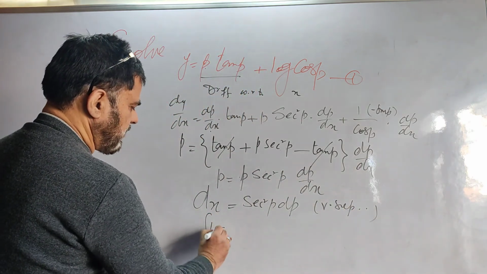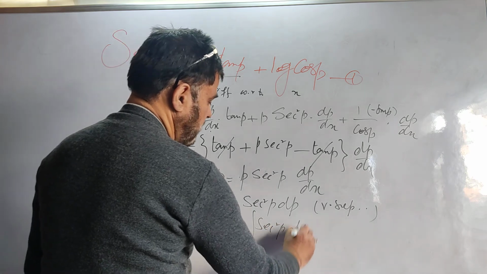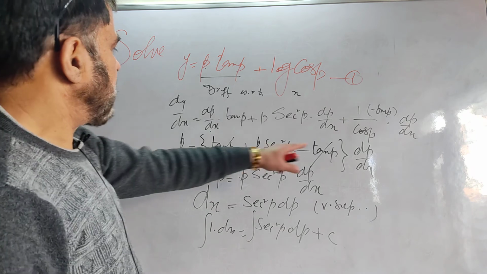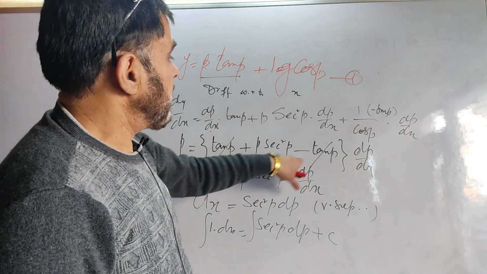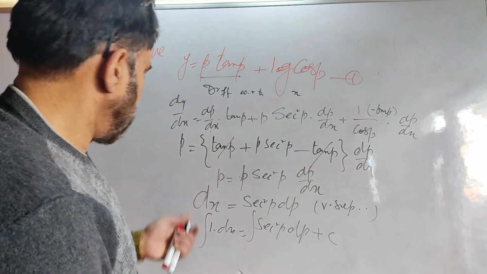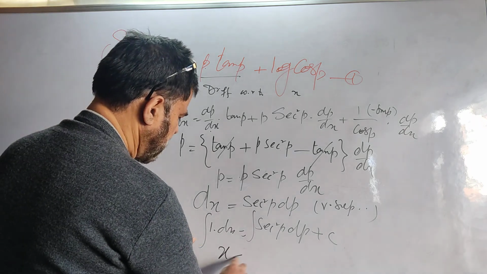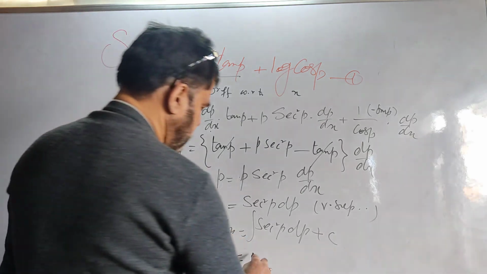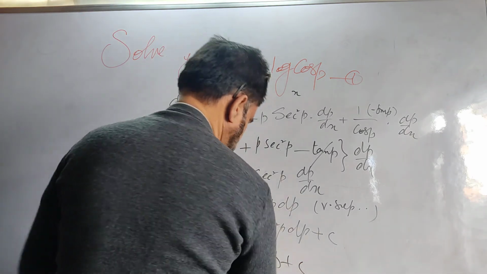You can write integral of 1 dx is integral of sec square p dp plus c. Am I doing correctly? dp by dx common throughout, tan p plus p sec square p minus sin by cos, tan p. This goes cancelled. This is p sec square p dp by dx. So this is your x. Integral of sec square p is tan p, so x is equal to tan p plus c.